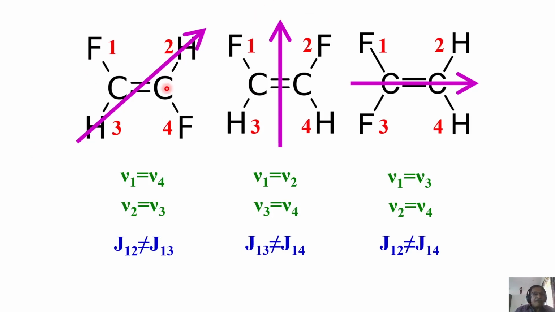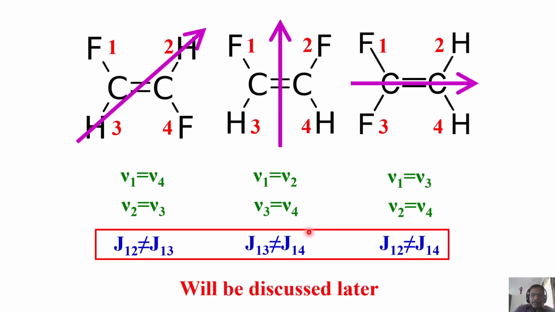So, if I take proton NMR, all three molecules will give only one peak. If I take fluorine NMR, all three molecules will give a single peak. Okay. Now, this is another parameter which I will discuss maybe later.